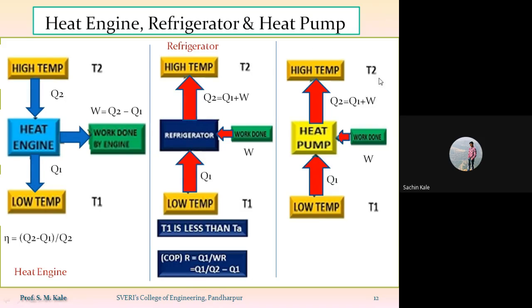So here, whatever Q1 amount of heat we have absorbed from the surrounding will be transferred to the room whose temperature we are already maintaining greater than the atmospheric temperature. So here TA, the atmospheric temperature, should be less than T2, or T2 is greater than TA. Then and only then can we call it a heat pump.